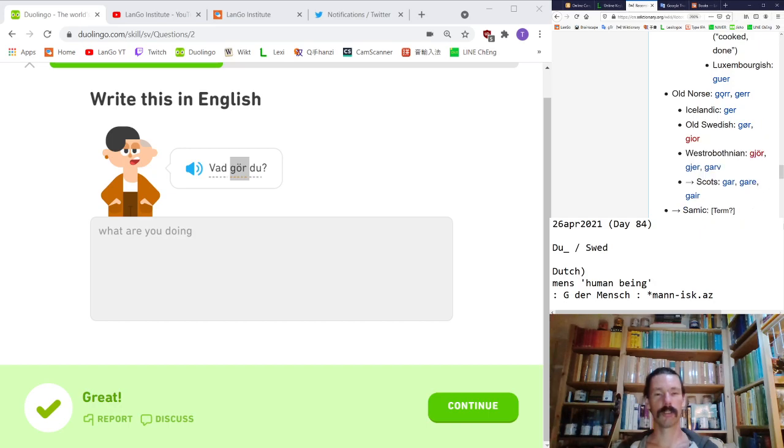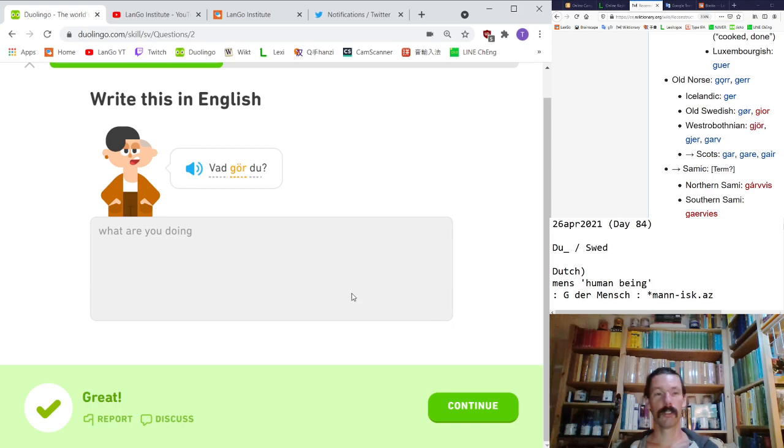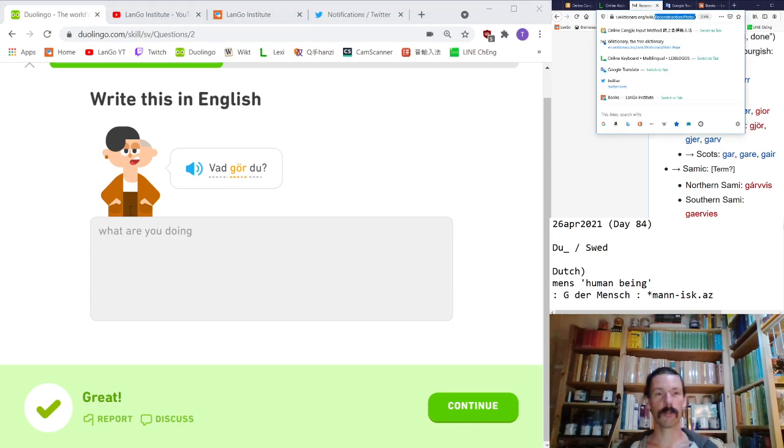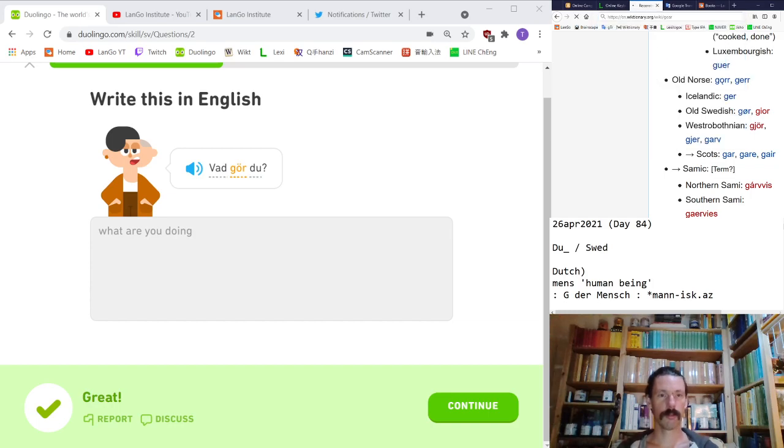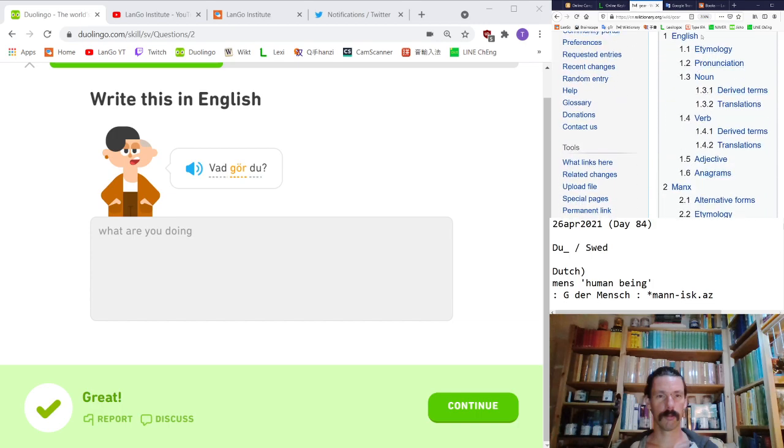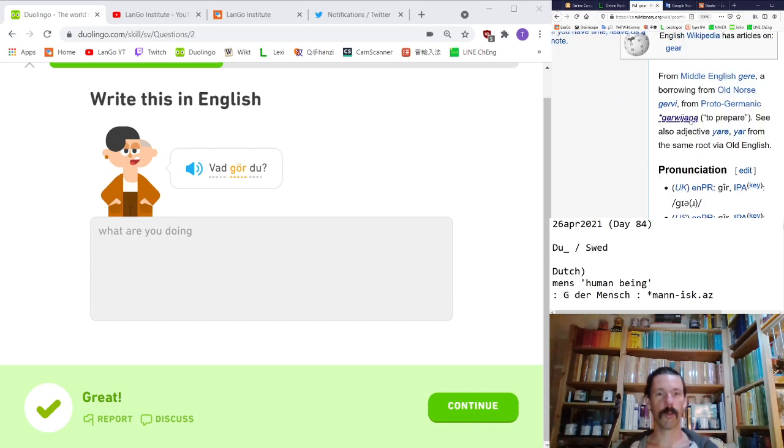Oh, nice. So, gear. Let's look that up directly. Garviana. Okay. See also adjective yer from the same root via Old English. The word gear from Old Norse.